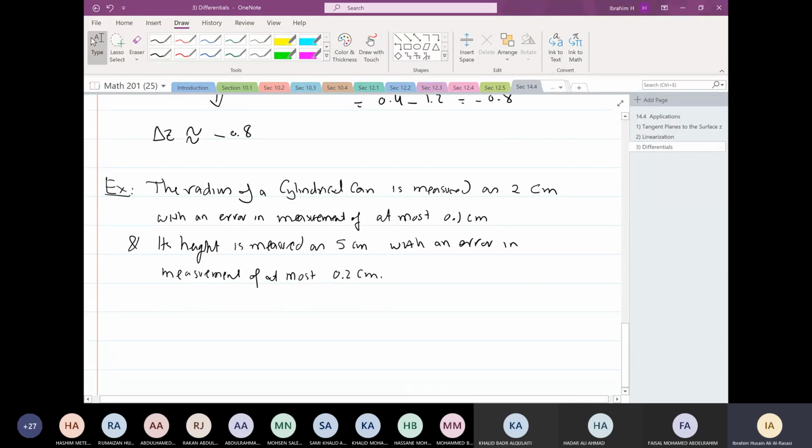The question, estimate the maximum error in computing the volume of the cylinder.